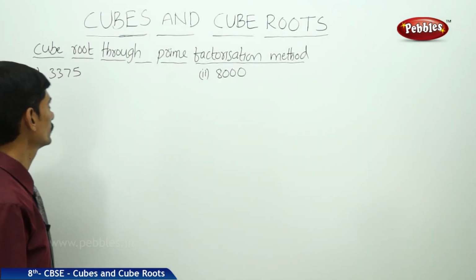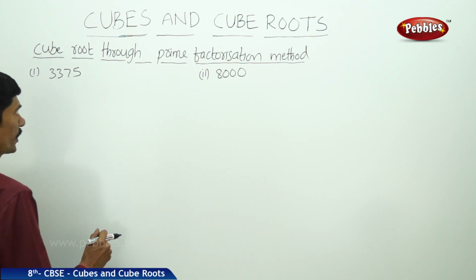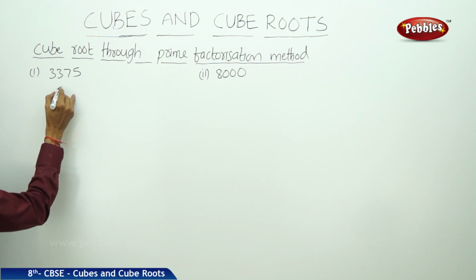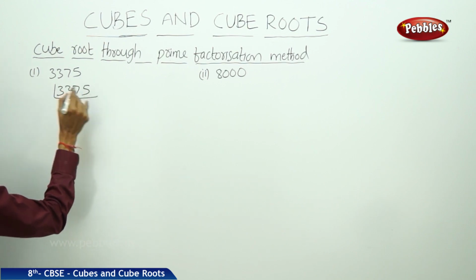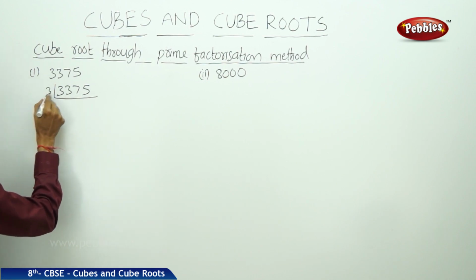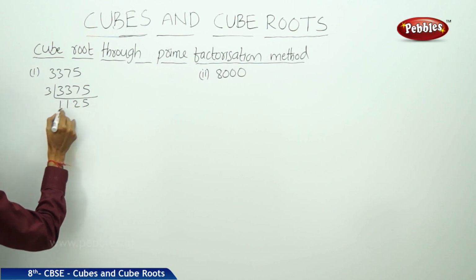The next topic is cube root through the prime factorization method. So we will find the cube root of natural numbers using the prime factorization method. First we will take 3375. Now it is divisible by 3. 3 1s are 3, 3 1s are 3, 3 2s are 6, 3 5s are 15.